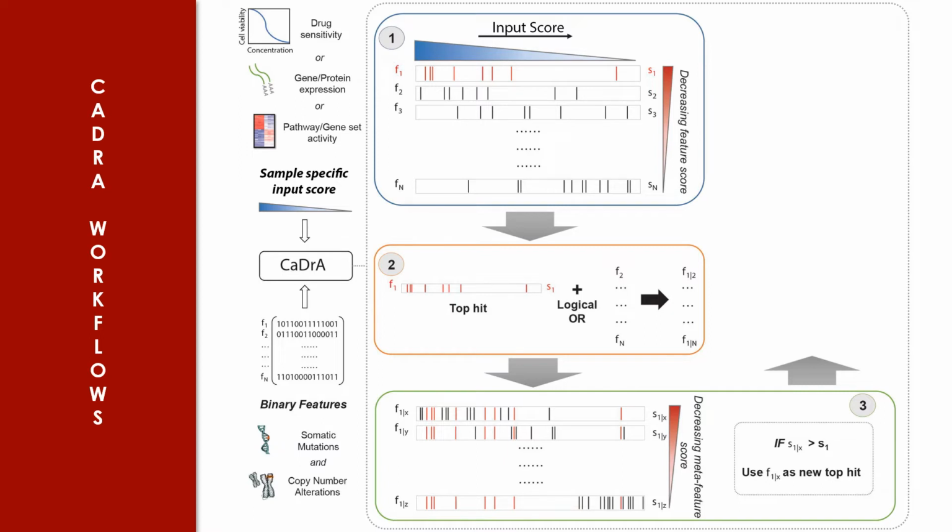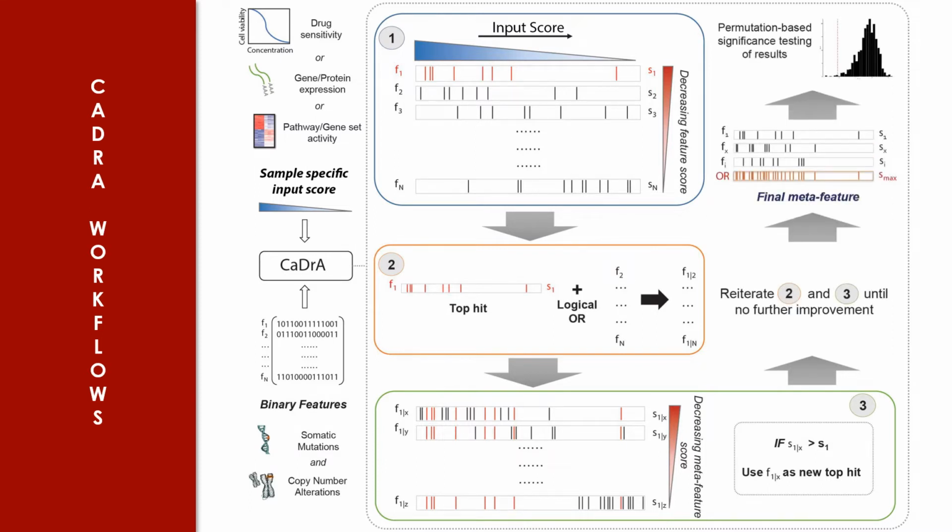If any meta feature has a better score than the hit from the previous step, the new meta feature is chosen for the next iteration. Repeat steps 2 and 3 until no further improvement in score can be obtained. The final output yields a set of features, known as the meta features, whose union has a local maximum score and its permutation-based p-value.